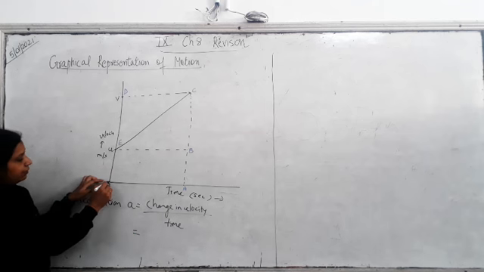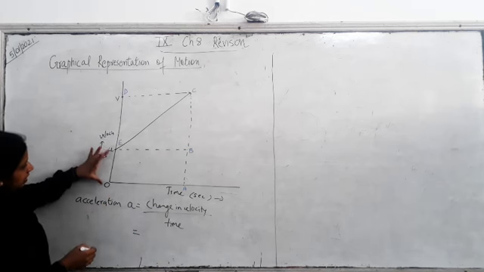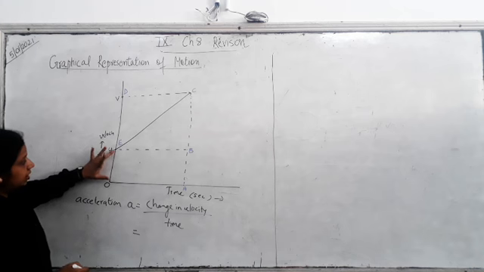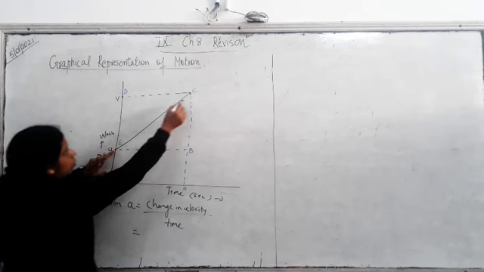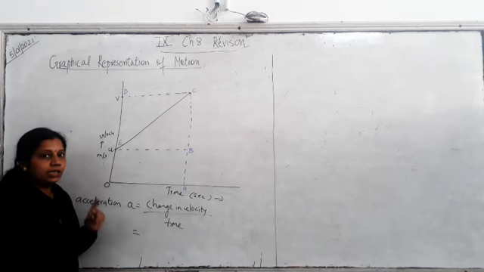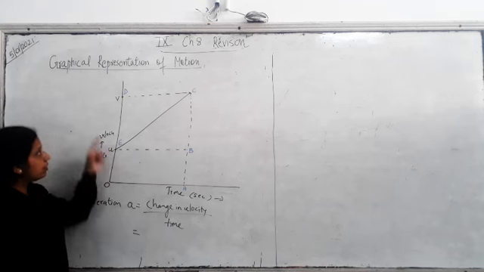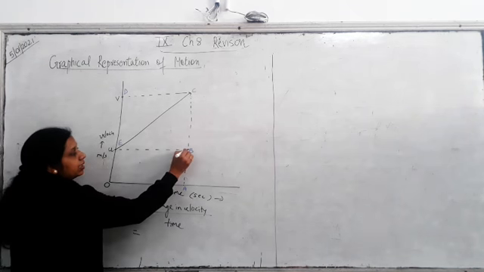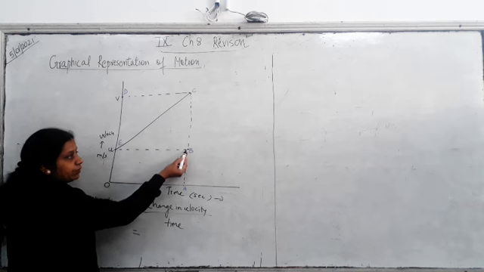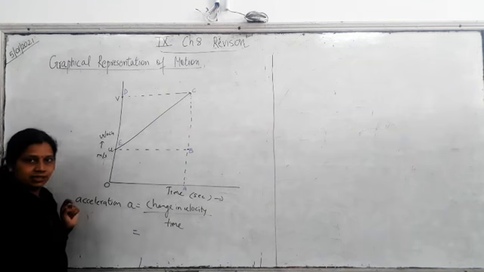So initially, if you start this object from this point E, it is moving to point C. And if you see change in velocity, that means you have to see the y-axis. That means initially, its velocity is changing from B to C, right?